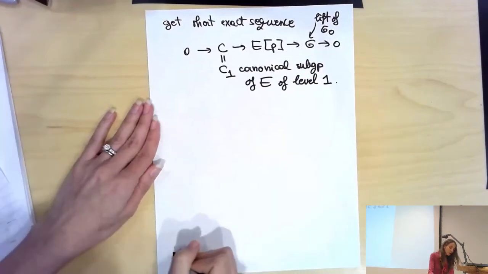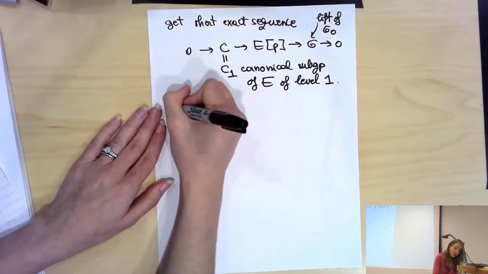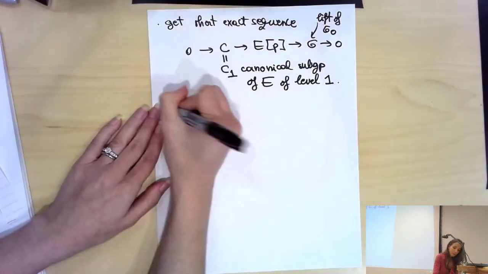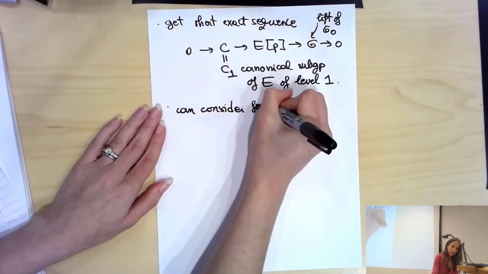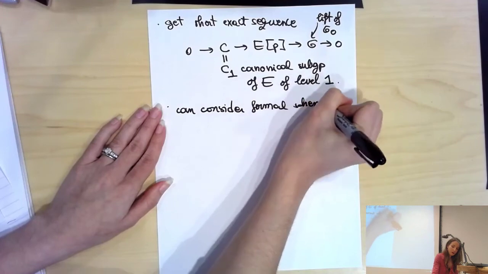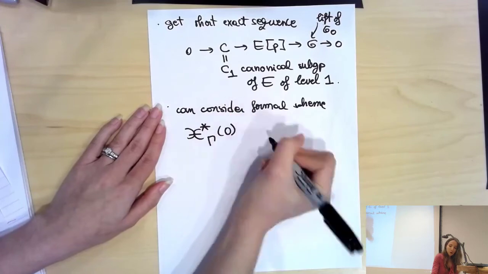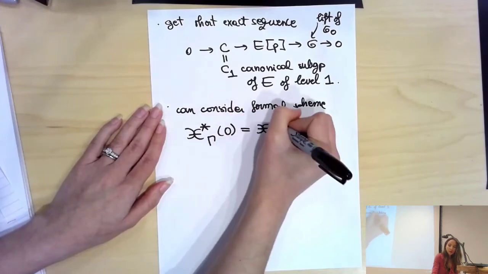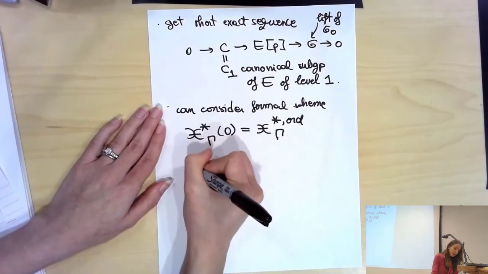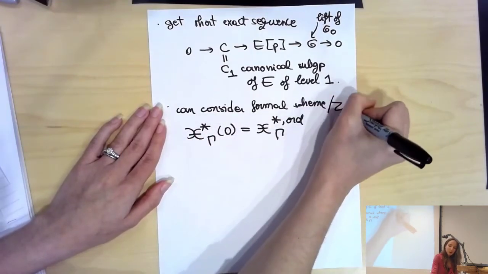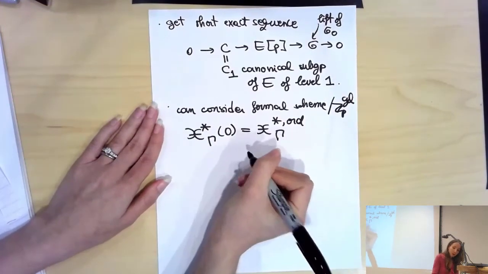So now you have a notion in characteristic 0. You can consider a formal scheme X star gamma 0, or if you want, maybe more familiar notation, X star gamma ord. This is a formal scheme over ZP cyclotomic, which is essentially the ordinary locus.